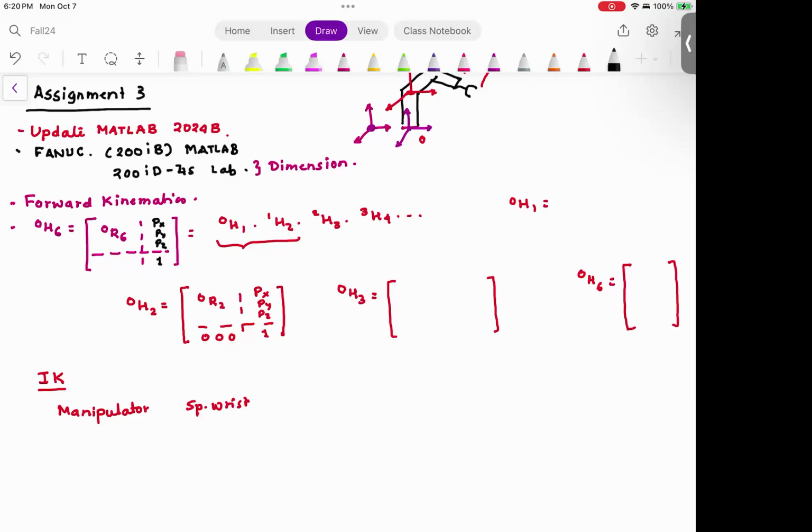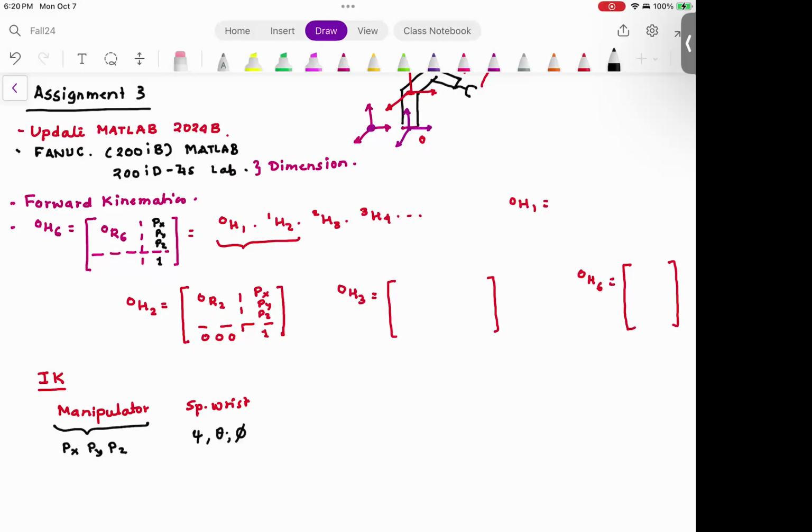The baseline assumption here was that the final end effector position was given by the manipulator, and the final orientation, which is roll, pitch, and yaw, is given by the spherical wrist.